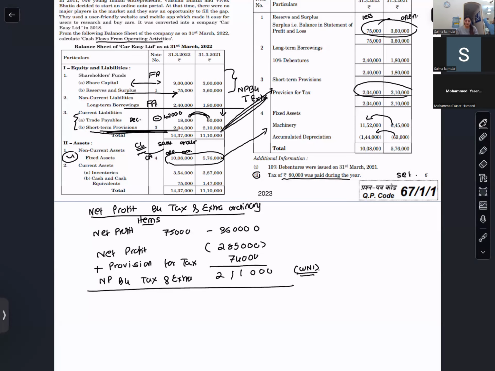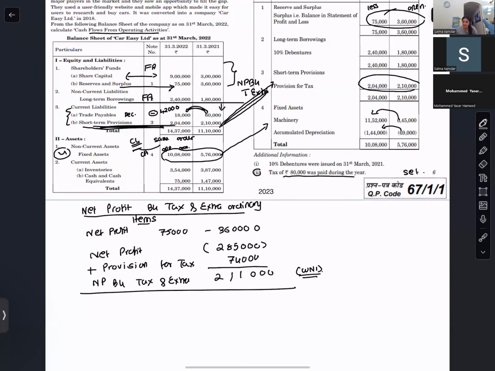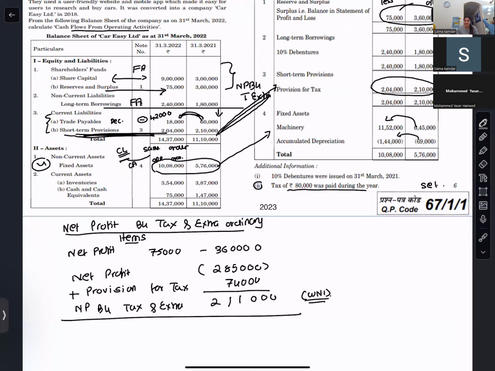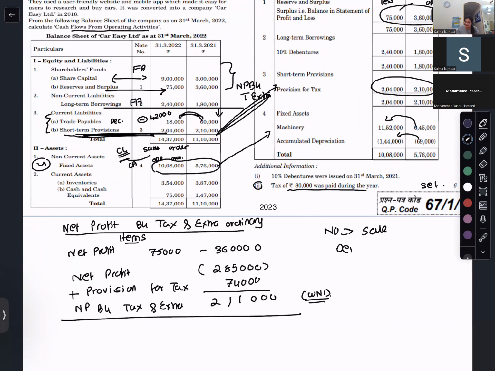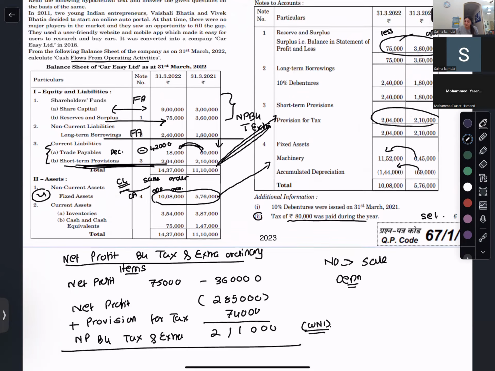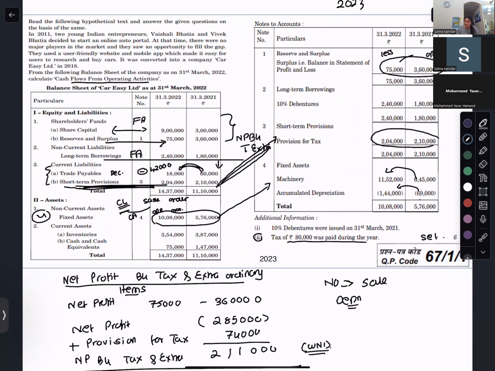Okay. So when you were asked to prepare the asset account, you said that you don't need to prepare it. The reason being there is no sale of non-current asset, and the depreciation of the current year is not given. So I can find out depreciation of the current year from the opening to the closing.